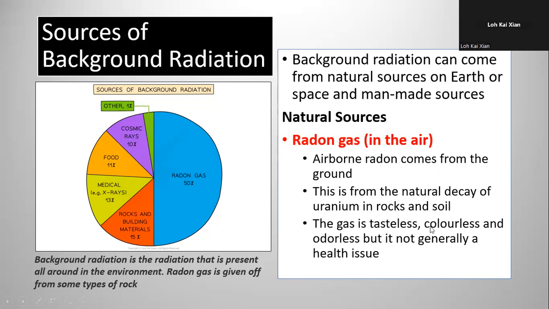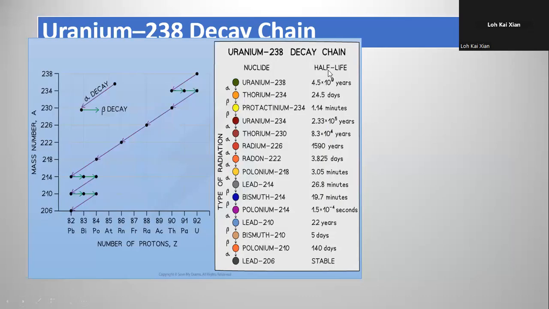The gas is tasteless, colorless, odorless, but not generally a health issue. It's just a gas. That's radon. That is my master's thesis, on the research of working with this gas. You don't need to worry too much about that.